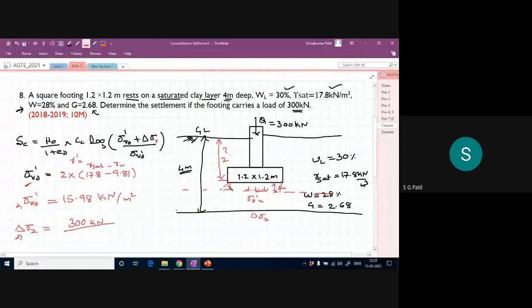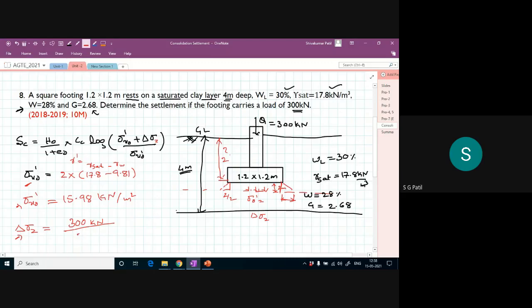So with the 2:1 ratio, half of my Z will be here, that is Z by 2, and here also Z by 2. So Z by 2 plus my width, 1.2 plus 1 meter here and 1 meter here, that means around 3.2 meter. 3.2 is my width, and length is also the same, 3.2.